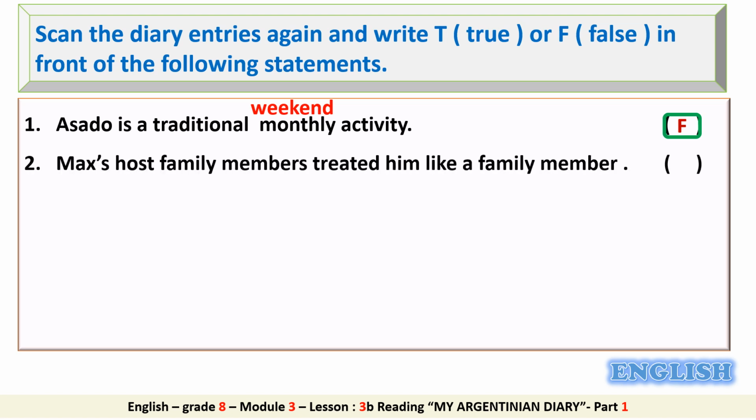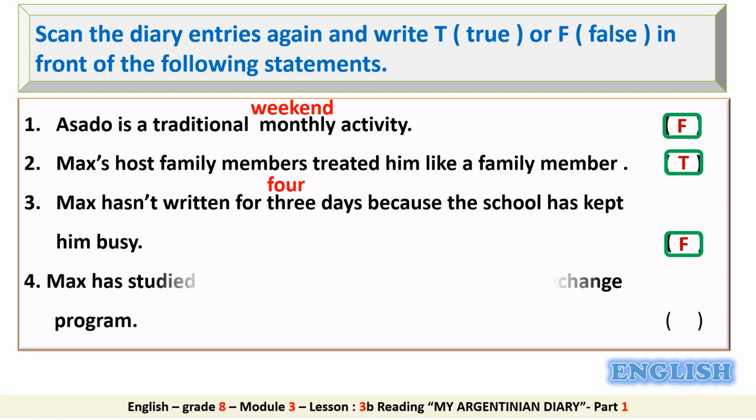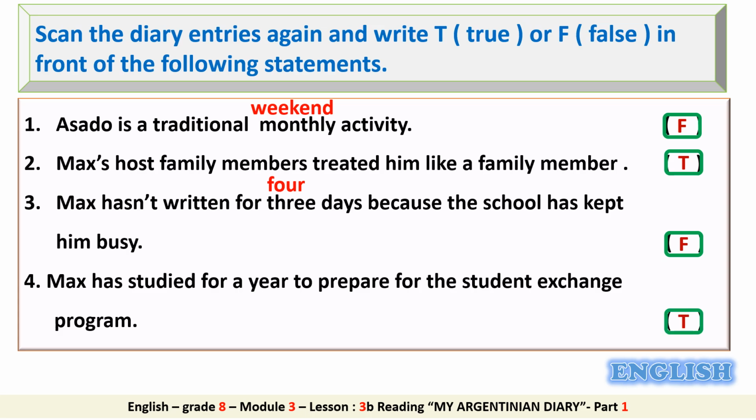Max's host family members treated him like a family member. Excellent. True. 3. Max hasn't written for 3 days because the school has kept him busy. False. He hasn't written for 4 days. 4. Max has studied for a year to prepare for the student exchange program. True.